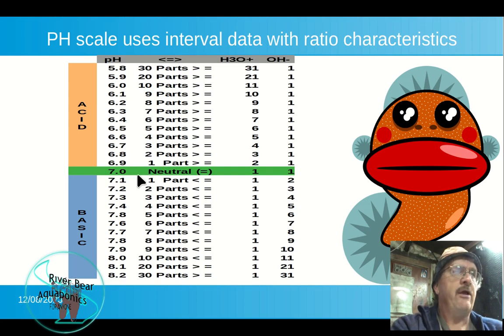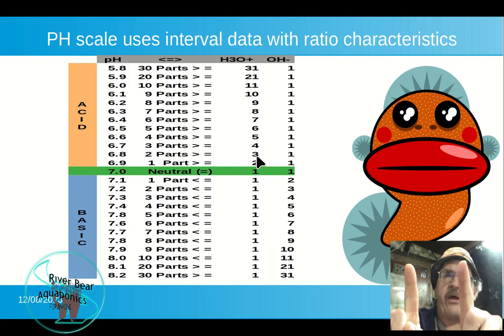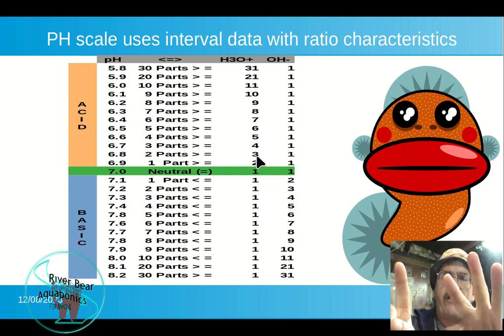So if we take a look at this, if 6.9 has one more hydronium over hydroxide, now they're not equal anymore, it has a 2-to-1 ratio. That's 6.9. If it has 2 more parts of hydronium, so now it has 3 hydroniums, because we had our original 1-to-1, we've added 2 more, now we have a 3-to-1 ratio.